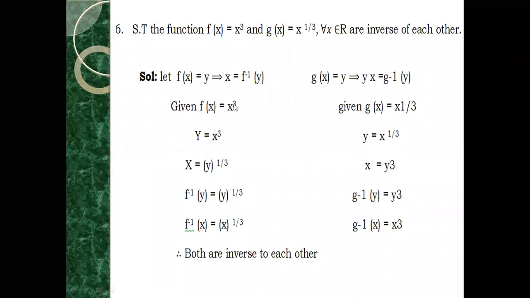So here f of x is equal to x cube, and we get g inverse of x is equal to x cube. Given g of x is equal to x power 1 by 3, and f inverse of x is equal to x power 1 by 3. From this we conclude both are inverse to each other.